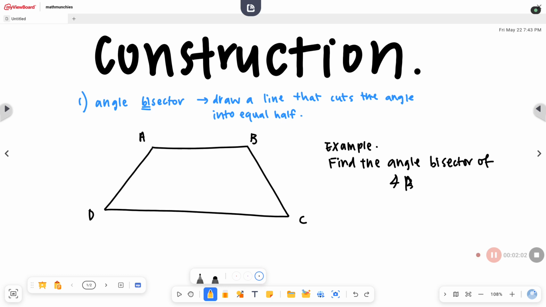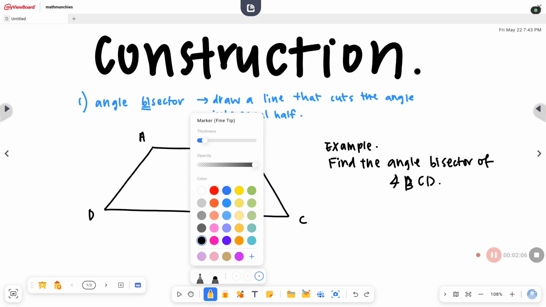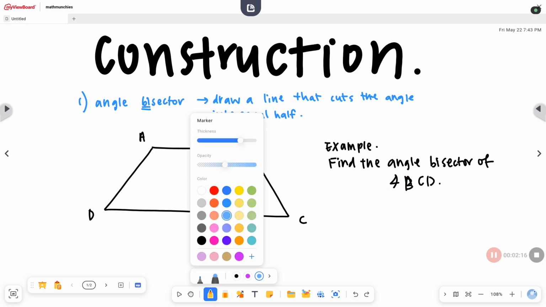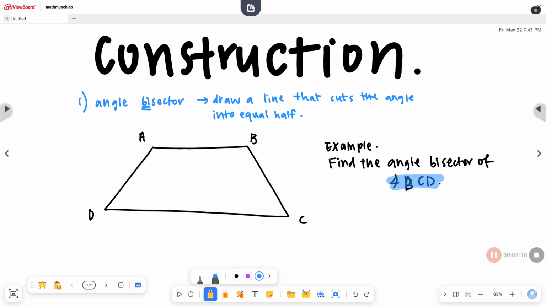Let's do BCD. So guys, what does that mean? Can you see that over here we have angle BCD? Where is BCD? Can you see that B is here, C is here, and D is here?